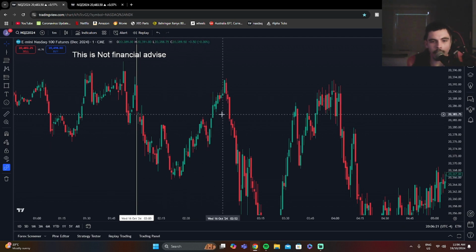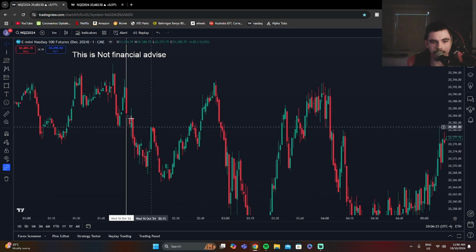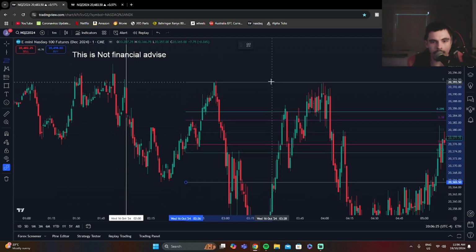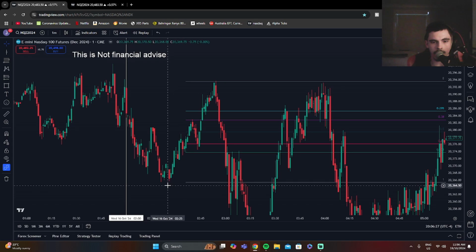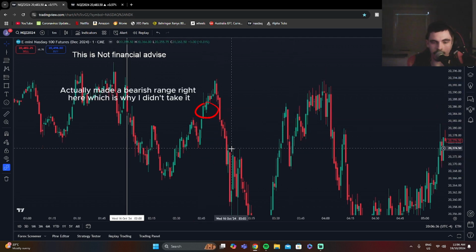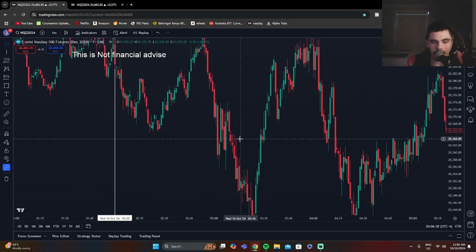So we had the intermediate high to low. I'm pretty sure the range was massive. So I want equilibrium, and to get to equilibrium we had to make the opposite range, so that's why I didn't take that trade. And it ended up violating the gaps and all that anyway.